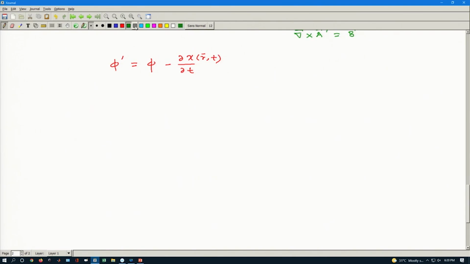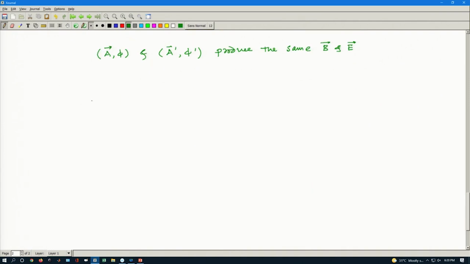So, first, I am saying that A, phi, the set, and A prime, phi prime produce the same B and E. So, let us check that.